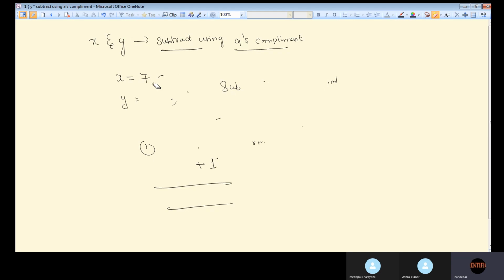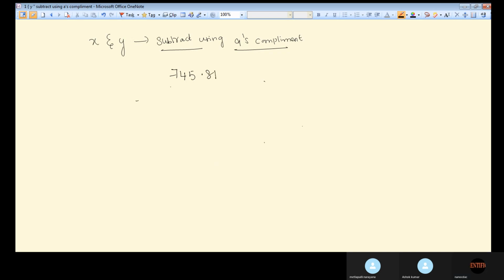So this one I will do. See here, after subtraction the sign is also very important. 745.81 minus 436.62. I need to subtract using nines complement.